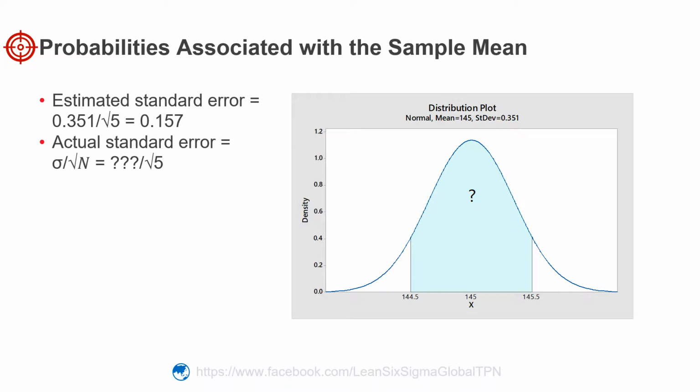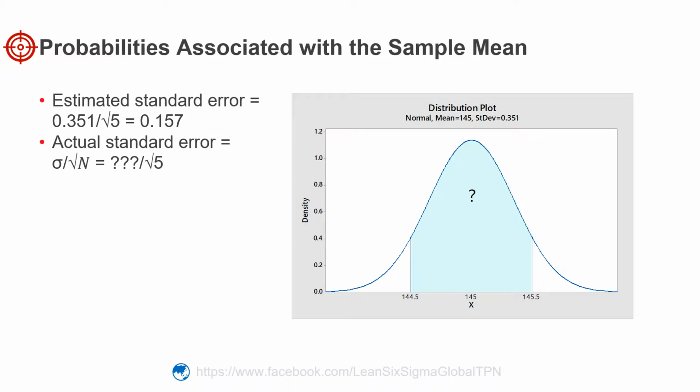So how safe is this assumption? Just as the sample mean is not likely to be exactly equal to the population mean, the sample standard deviation is unlikely to be equal to the population standard deviation.